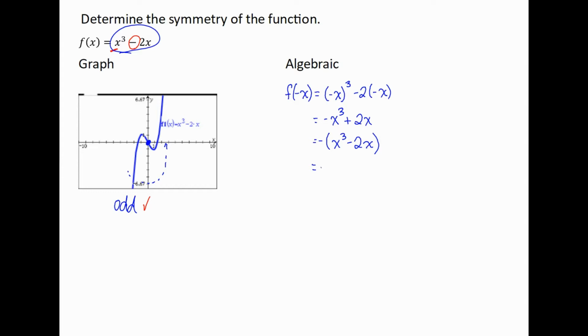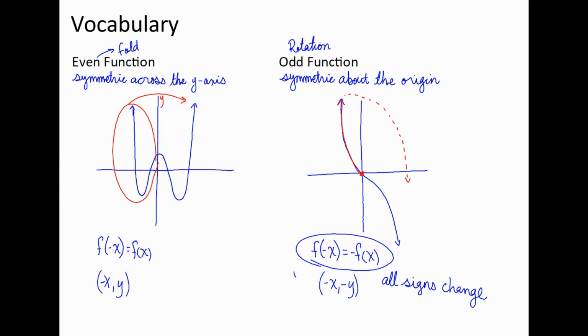So I'm going to say negative, and this part is my original function, f of x. So algebraically, we show that we started with f of negative x, and we finished with negative f of x, which proves, back to our definition, that we do have an odd function.